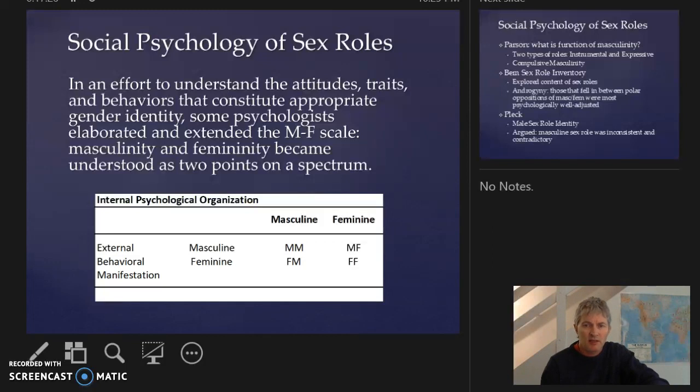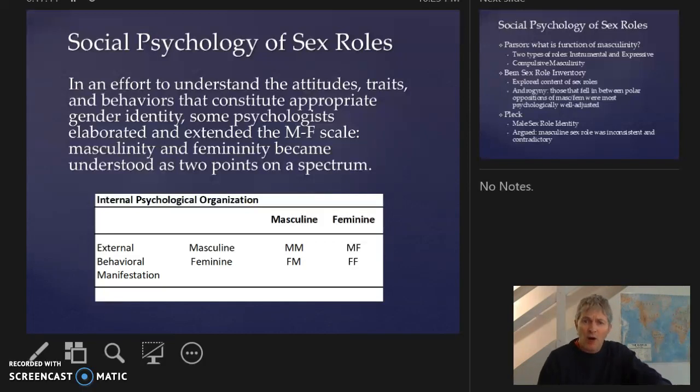So these classifications certainly were seen as important, and they could tell us something about whether the gendering process actually worked or did not work.